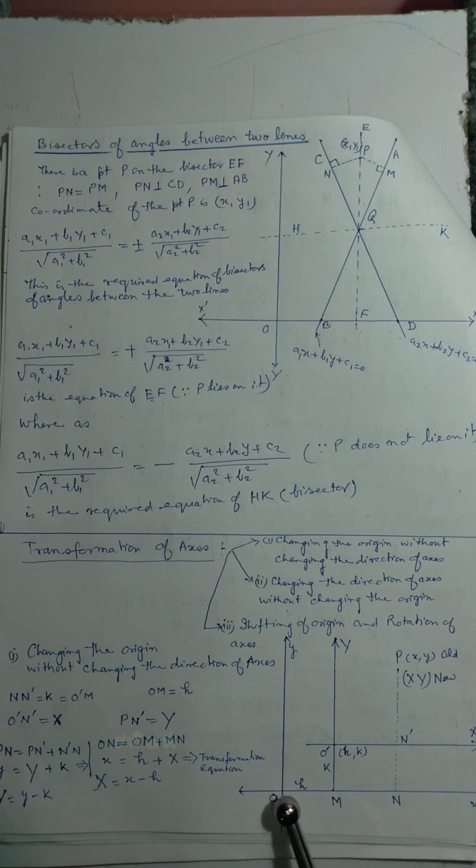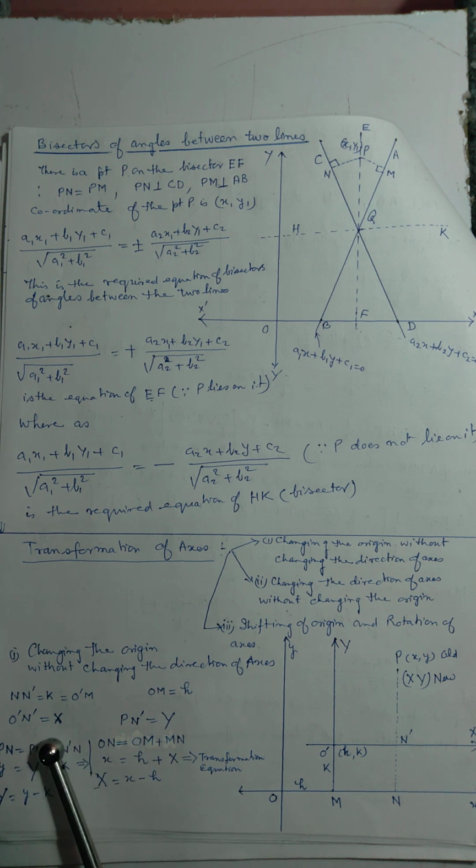So our origin has shifted to a new place, O dash, and we have to tell the coordinate of the point P with respect to the new origin, O dash, and the coordinate of O dash is (h, k).